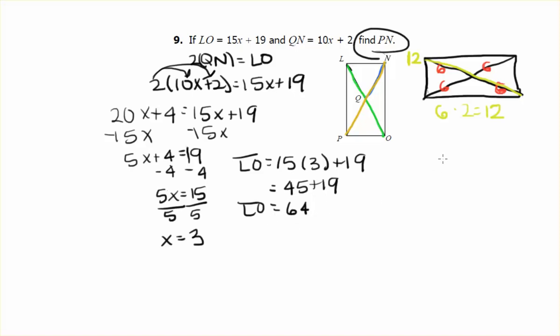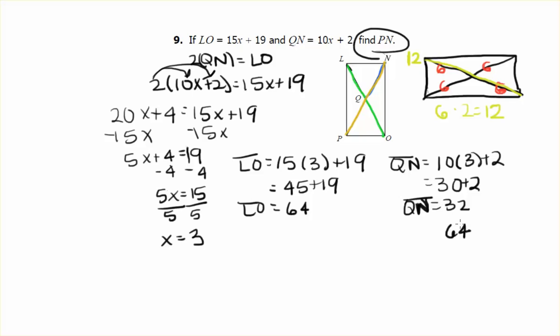The other way you could do it is substitute it into QN first, and then double it, just like we did here. We multiplied by 2. So 10 times 3 plus 2 will give you 30 plus 2, which will give you 32, is QN, and then if you double it, you get 64, which is what we got before.